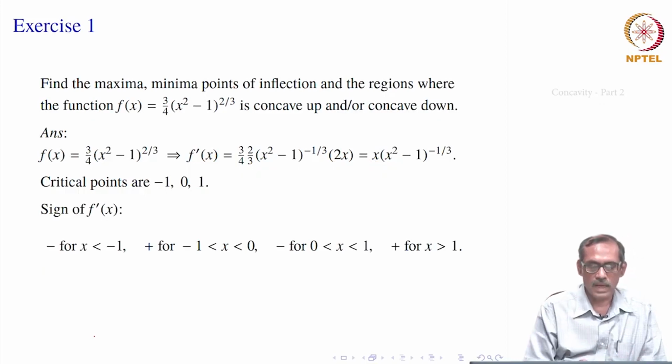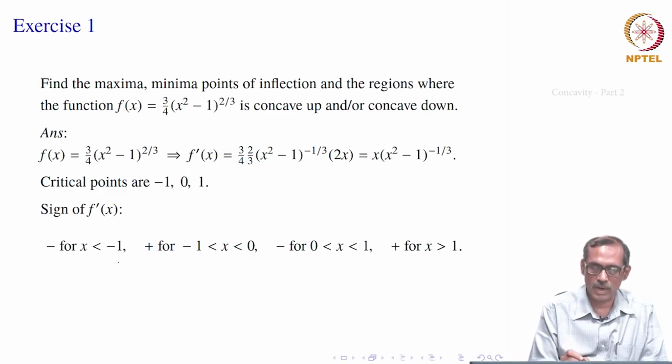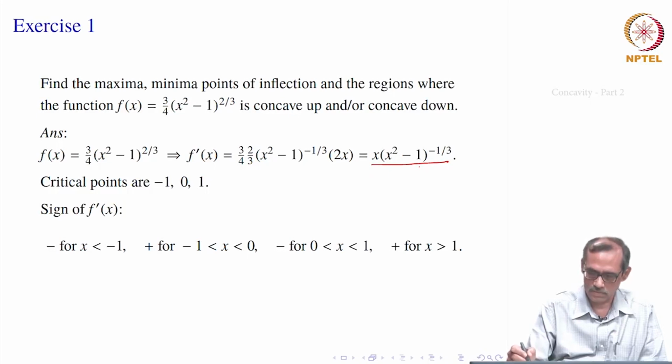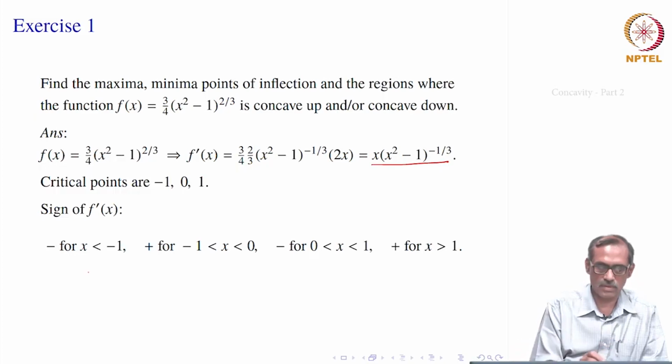Okay. Now, we look for the sign of f prime x for having an idea about the maxima and minima. So, when x is less than minus 1, what happens to f prime? For x less than minus 1, this is negative, so it gives you minus. Okay.